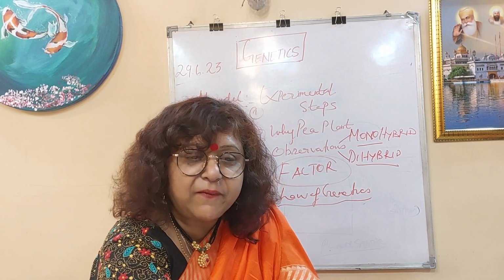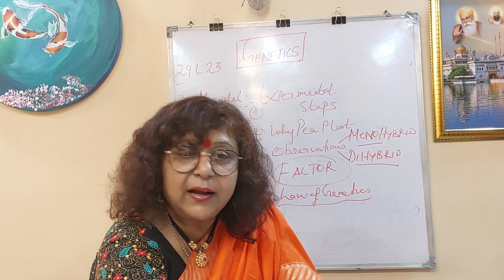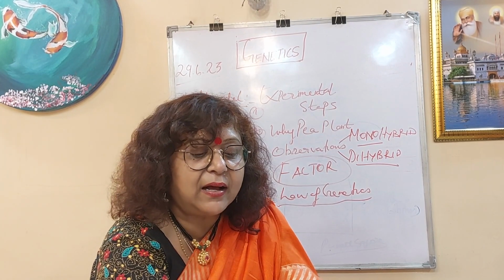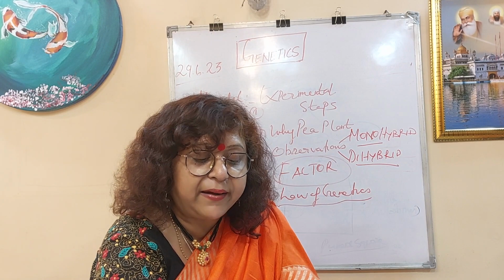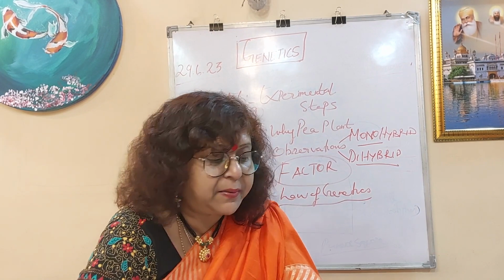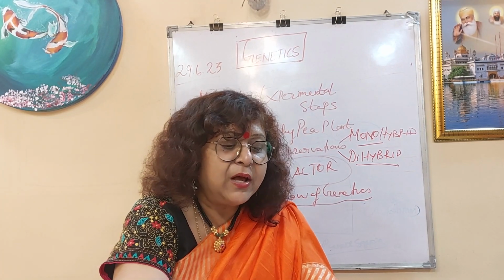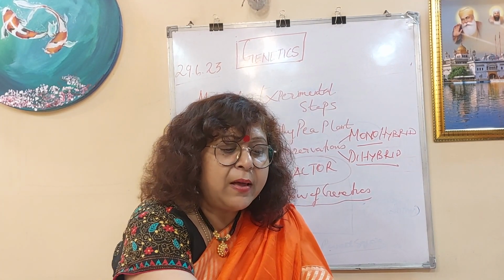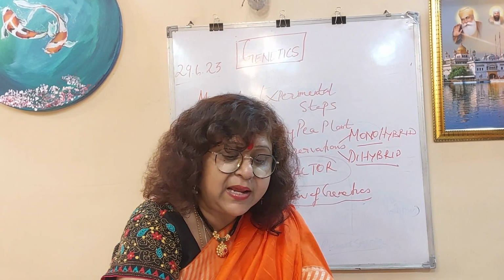Next is the shape of the seed, round and wrinkled. Round is dominant and wrinkled is recessive. Like that there are the pod shape, the pod color, the flower position and the plant height. Figure 3.6, page number 31 for the ICSE students. This is not given for CBSE. So this is very important. I told you Mendel's experiment and why the pea plant was selected, with the 7 contrasting characters.